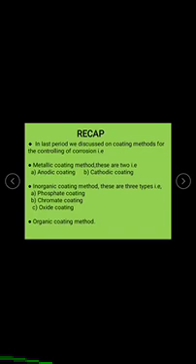And one more coating method is inorganic coating, which has three types: phosphate coating, chromate coating, and oxide coating. Phosphate coating is developed by a mixture of phosphoric acid and phosphate of iron and manganese, or iron and zinc.